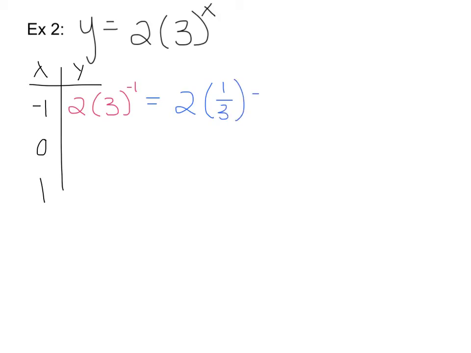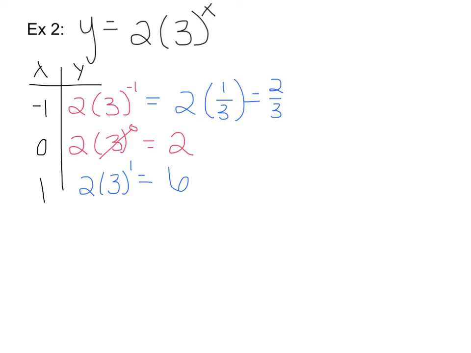And then 2 times 1/3 is 2/3. 2 times 3 to the 0 power makes the 3 to the 0 power a 1, and 2 times 1 is 2. 2 times 3 to the first power, 3 to the first power is 3, 2 times 3 is 6.